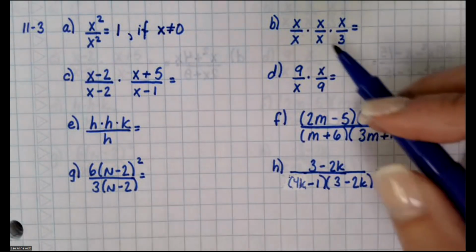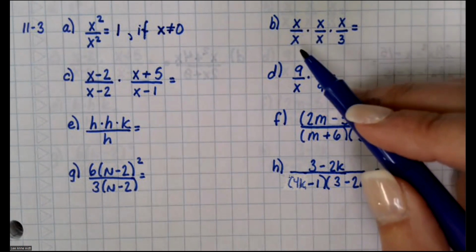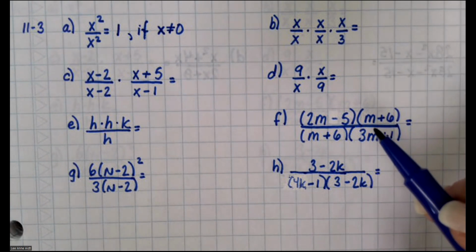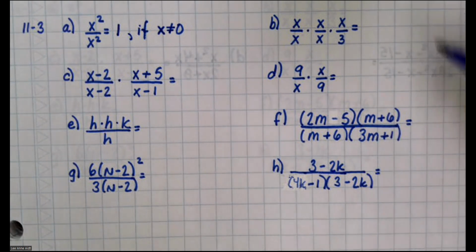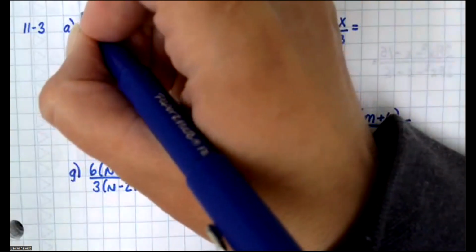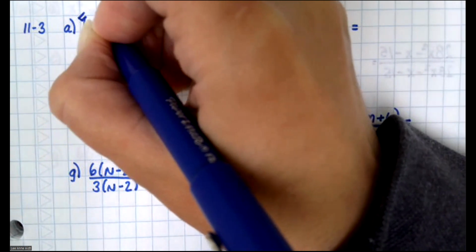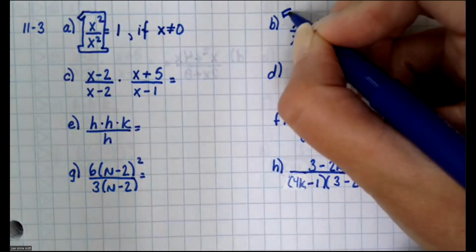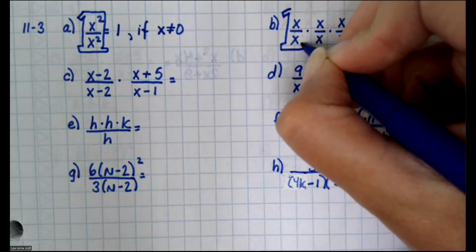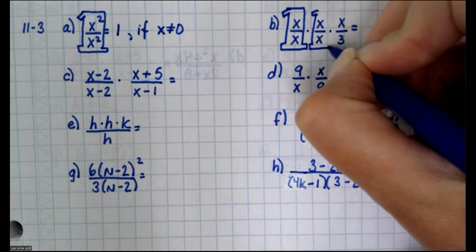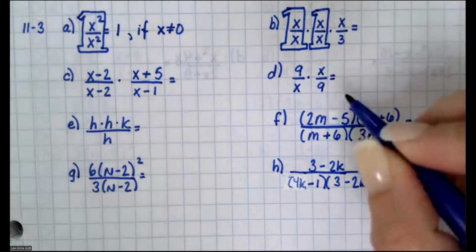Okay. What is x over x times x over x times x over 3? What I like to do, if you're an artiste, you might want to do that. And hopefully you can see that this is a 1, and this is a 1.